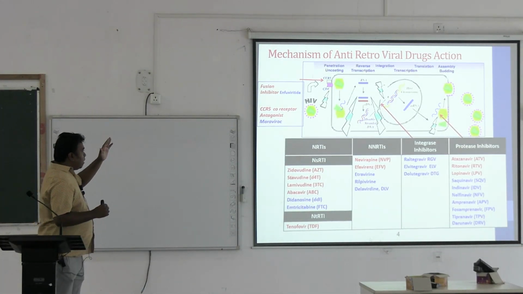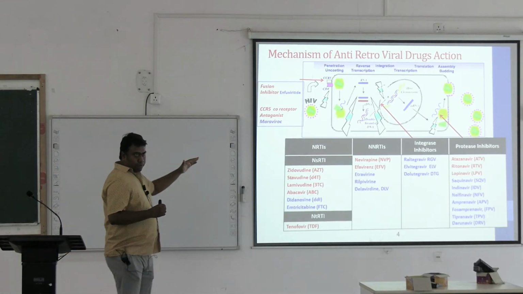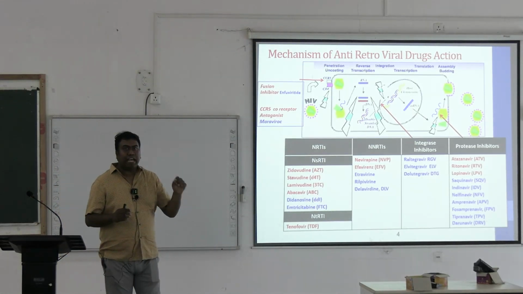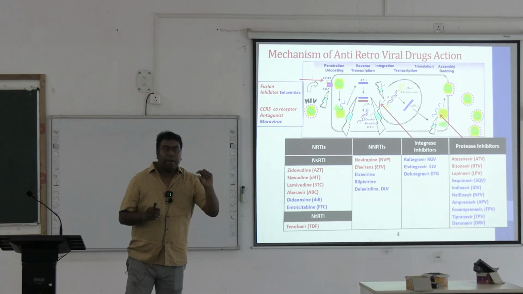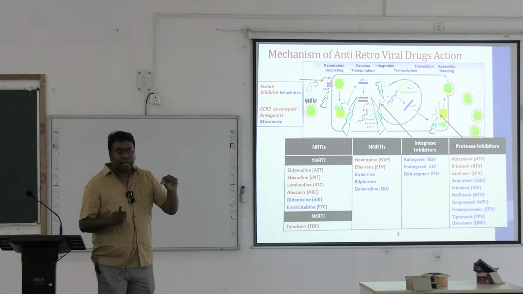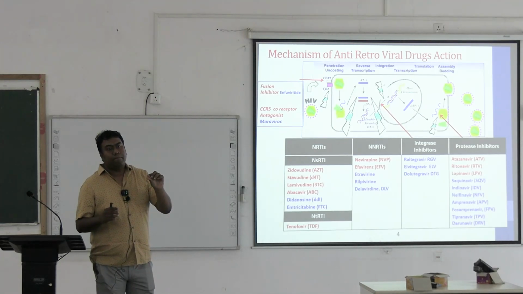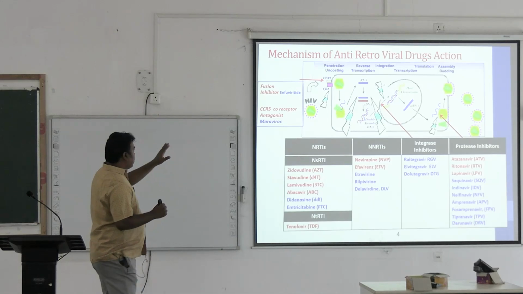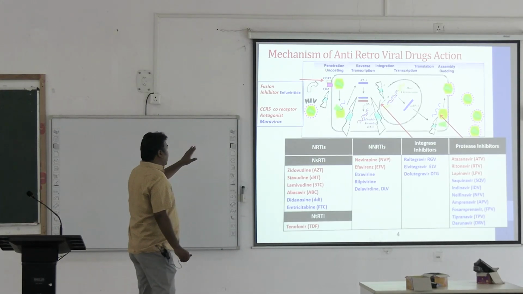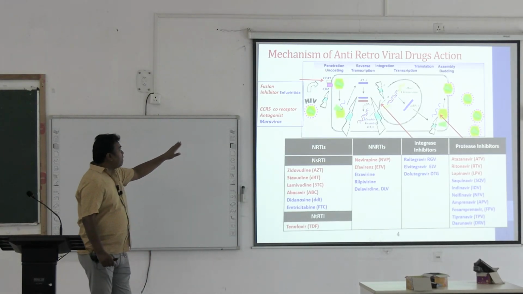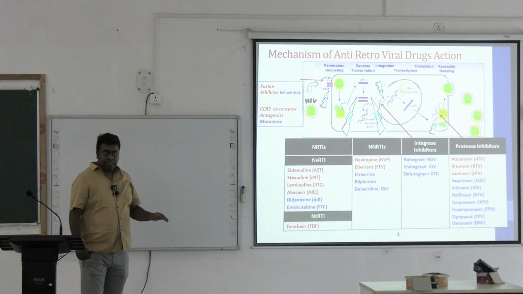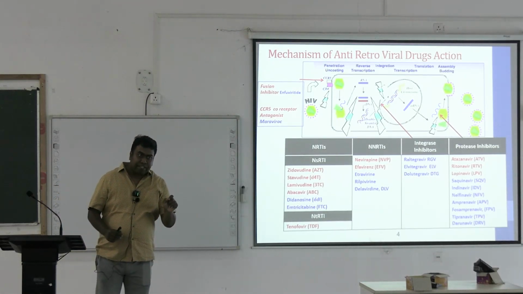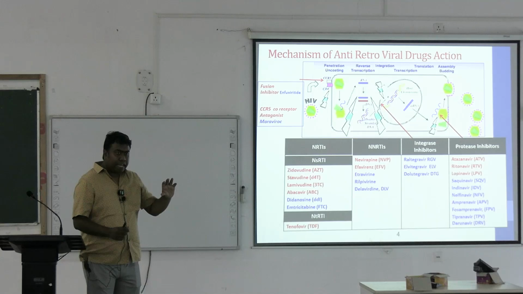First, the fusion inhibitor, enfuvirtide. It inhibits HIV from binding with the CD4 cell. Then the CCR5 co-receptor antagonist. CCR5 is a co-receptor of CD4.